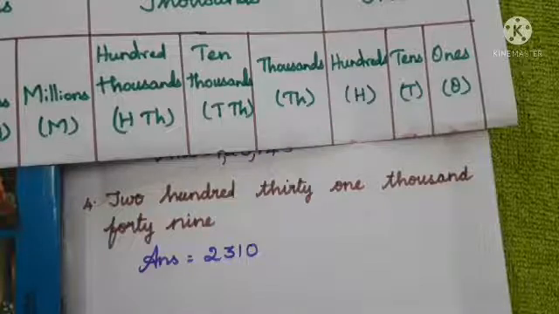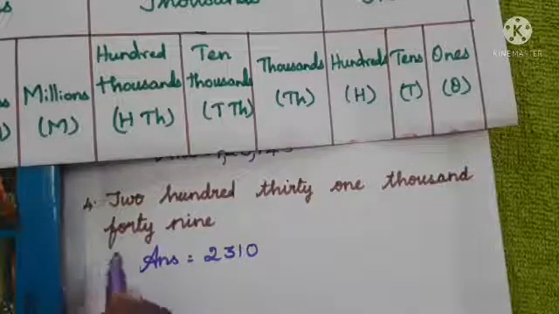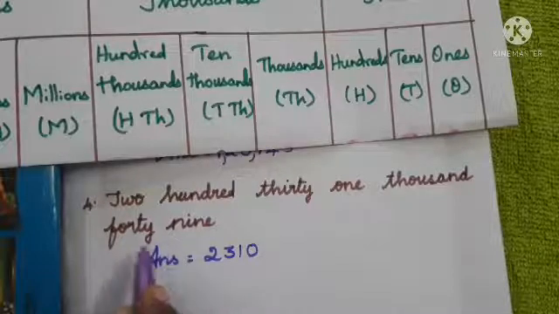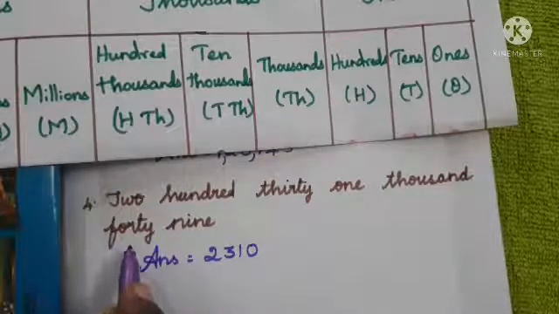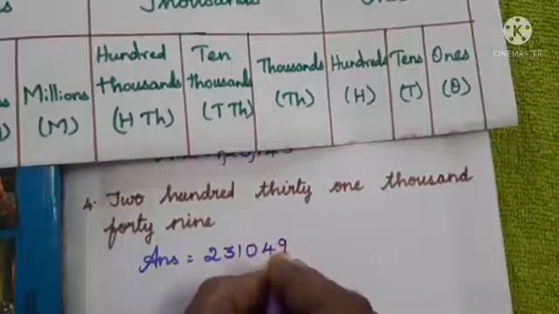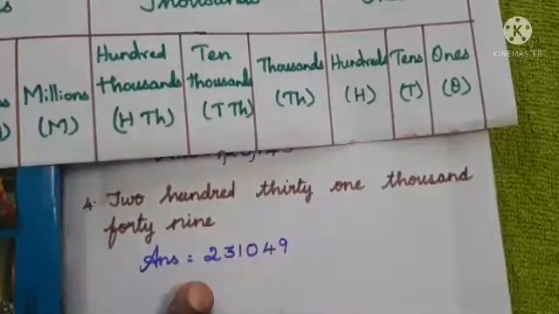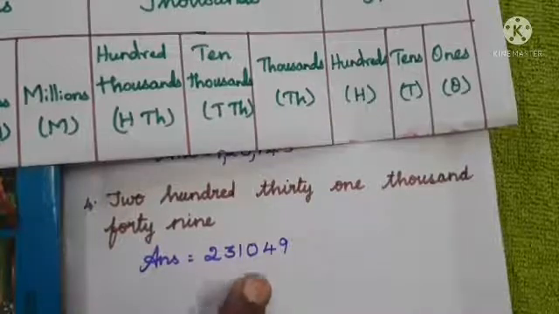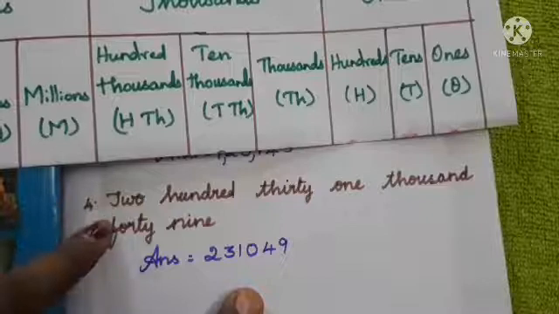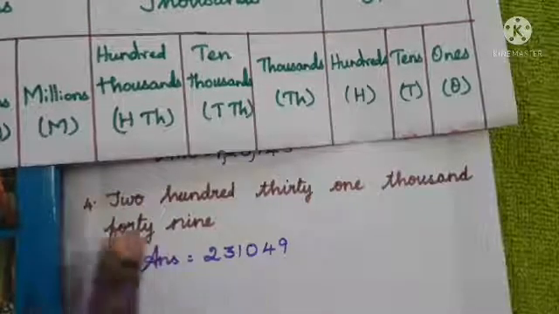Don't forget that. Then next 49, 4 tens and 9 ones. So we have written the numerals according to the given question.